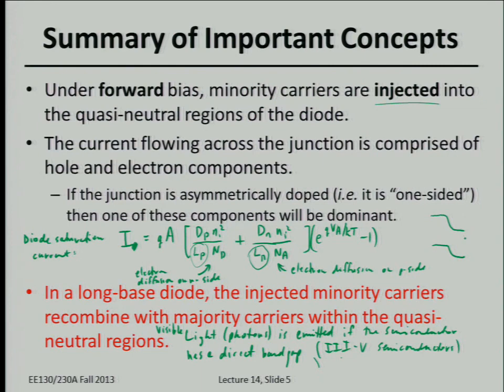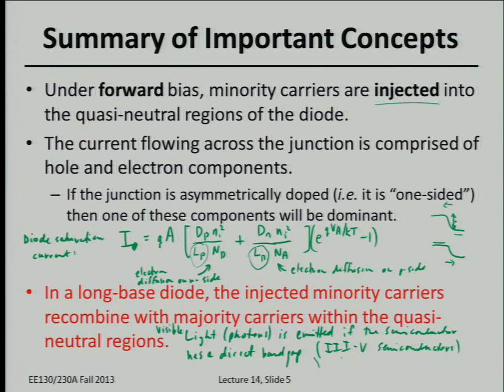Because the band bending is clearly less than that under equilibrium. So what's the dominant mechanism of current flow? It is diffusion of carriers that have enough kinetic energy to diffuse across the junction to the other side. So what happens to the number of carriers with high kinetic energy as you increase the temperature?